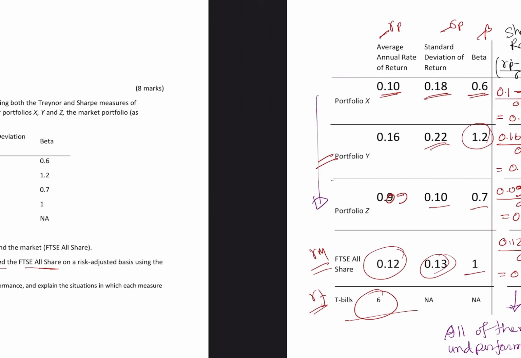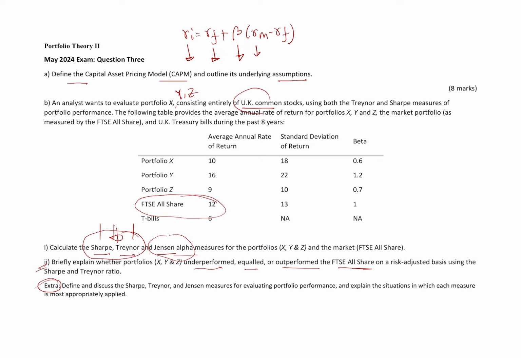Now, let's look into define and discuss the Sharpe ratio and Jensen measure. When defining, we need to put all of this in the formula, say what those formulas actually refer to, and explain the situation in which each measure is better. The Sharpe ratio is RP minus RF divided by sigma P. Sigma P is a measure of total risk.